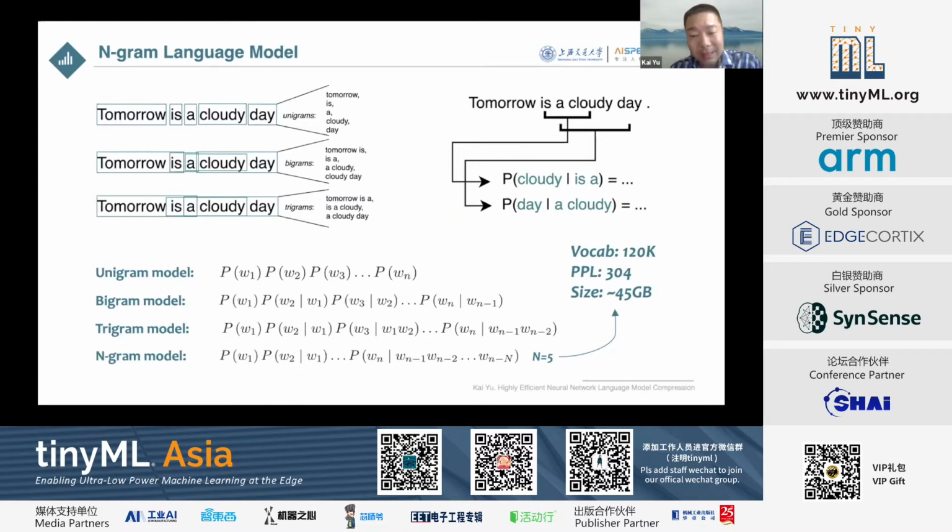This is actually being used in commercial systems, in a cloud system. This size of n-gram model actually prohibits the whole large vocabulary continuous speech recognition from being used on an embedded device. We can only use that in the cloud.